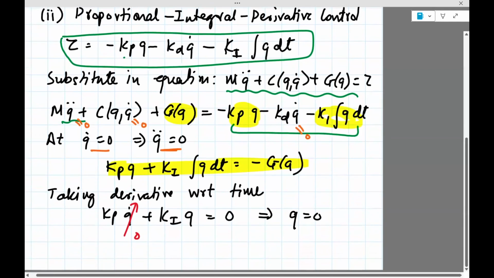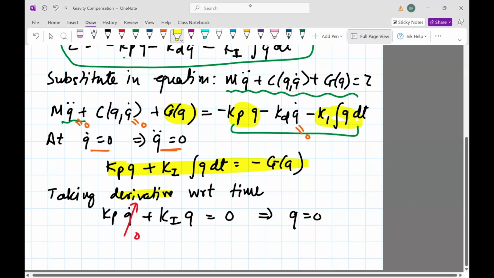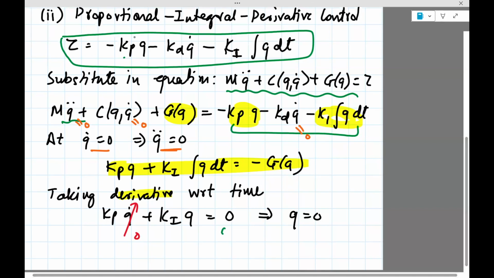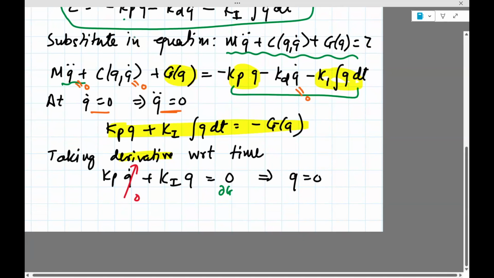Now, you have to analyze this particular equation. So we take the derivative with respect to time. When you take the derivative, it becomes Kp times Q dot, and the derivative of the integral is just Q. So Kp Q dot plus Ki Q equals the derivative of G of Q, which, actually I should have written this down, is dG/dQ times Q dot.